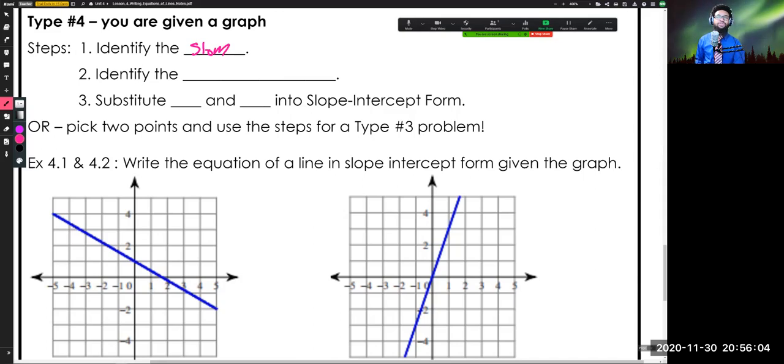My slope is going to be the m, which is also going to be my rise over my run, okay?